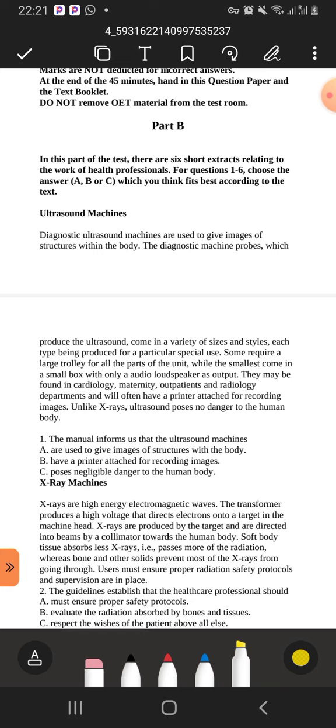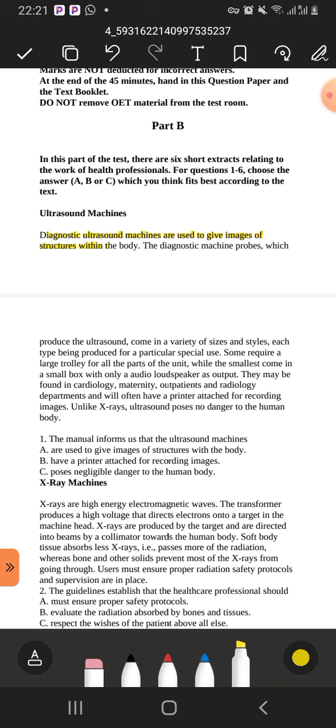Ultrasound machines. Diagnostic ultrasound machines are used to give images of body structures or structures within the body. I'm trying to highlight it now. That's the first sentence.